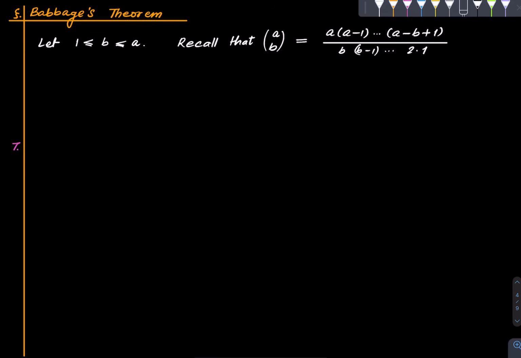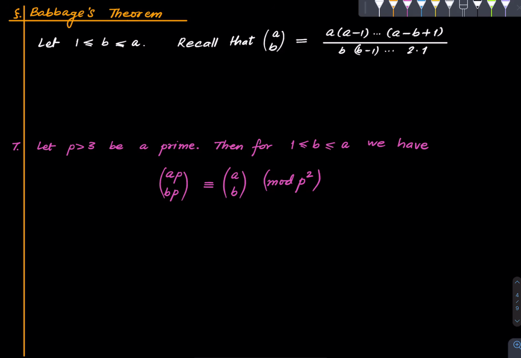Now, Babbage's theorem states that if we start with a prime, and I think the hypothesis that the prime is greater than 3 is not important in Babbage's theorem, but let me just keep it here for safety. So start with a prime p at least equal to 5. Then whenever we are given two integers a and b with a exceeding b, we have this congruence: ap choose bp is congruent to a choose b modulo p squared. Here ap is just the multiplication of a with p, and so on with b.